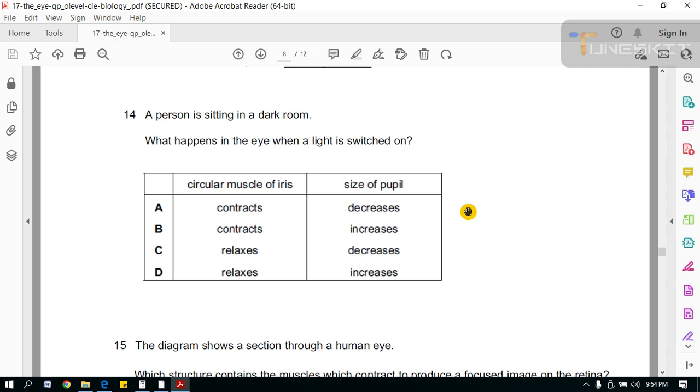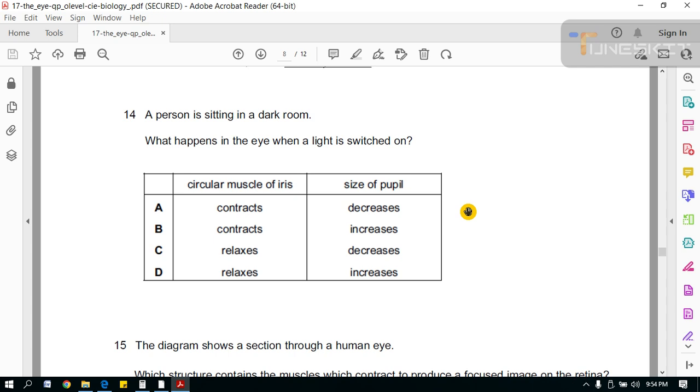The circular muscles of the iris will contract when the size of the pupil decreases. So it means option A is correct in this case. Again, you have to understand what happens to the iris muscles, circular or radial, when you are in light or when you are in dark, right?